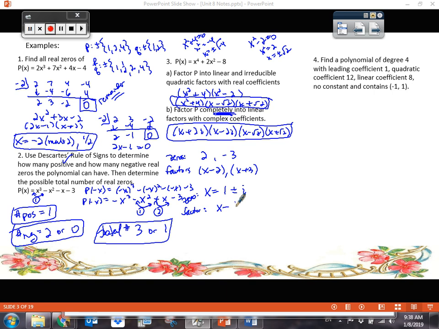X minus 1 plus i, x minus 1 minus i. I'm saying this because a lot of times students change these two signs. Those are not the signs that change. It's these two that change, the conjugate signs. To get a factor, it's always x minus. Okay, so hopefully we're okay there.